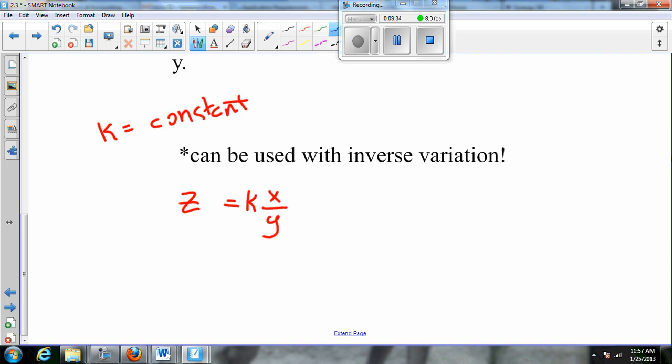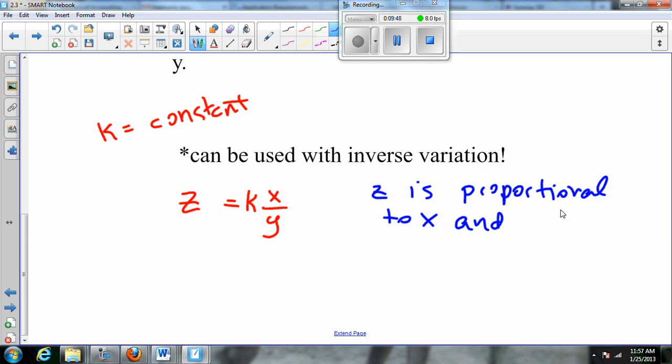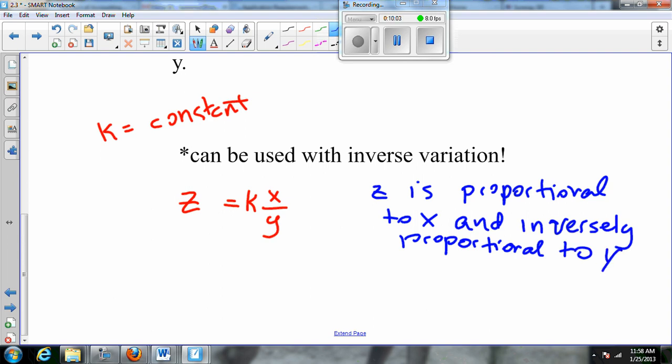And how you would say this is z is proportional to x, because it's in the numerator, and inversely proportional to y because it's in the denominator.